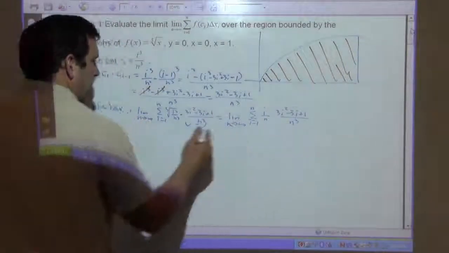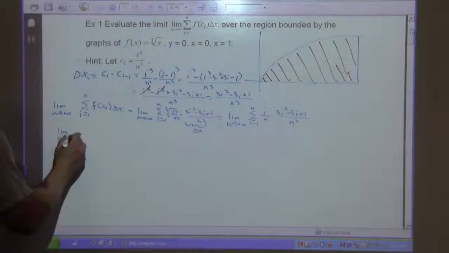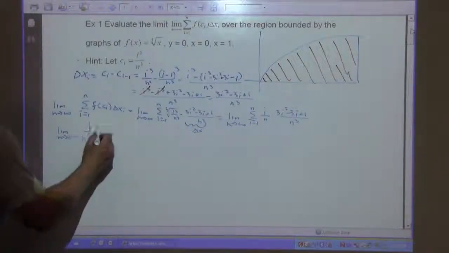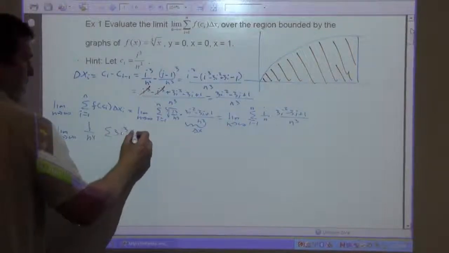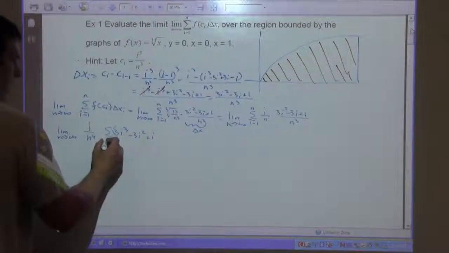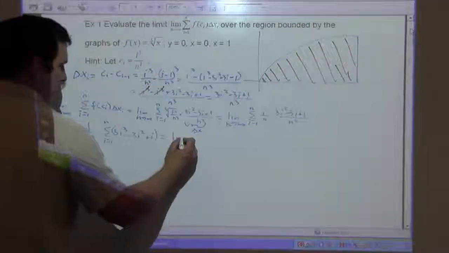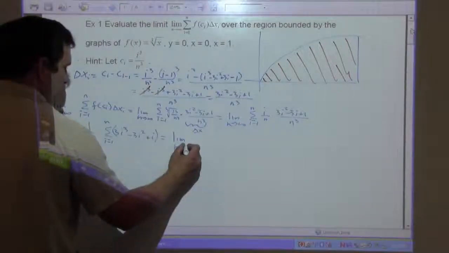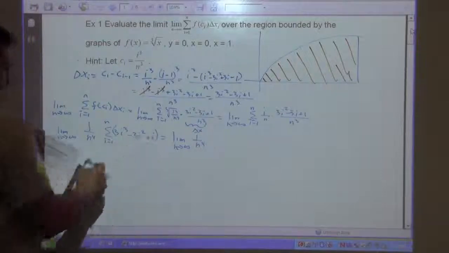Now n times n cubed is n to the fourth, so this is the limit as n goes to infinity of 1 over n to the fourth times the sum of 3i cubed minus 3i squared plus i as i goes from 1 to n. Now we're going to look at each of these.